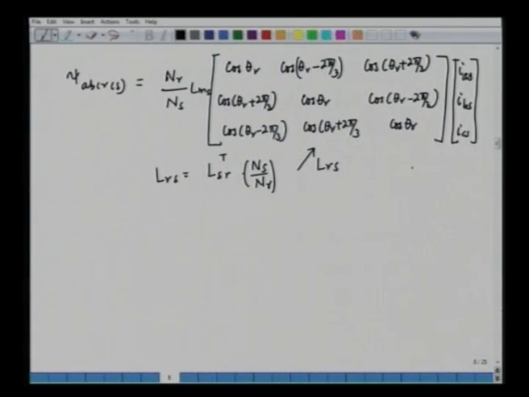Okay, so we can just go back and see, this is LRS. LRS is given by this, and this multiplied by NS by NR will be the transpose of LSR.